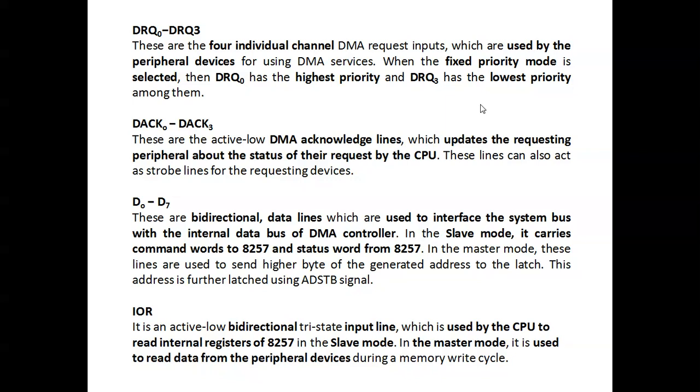Now they are explaining the signals, which we saw just now. DRQ is a request from peripheral devices. D0 to D7 are bidirectional data lines, the data bus through which the DMA controller sends data. IOR is an active low bidirectional state line.